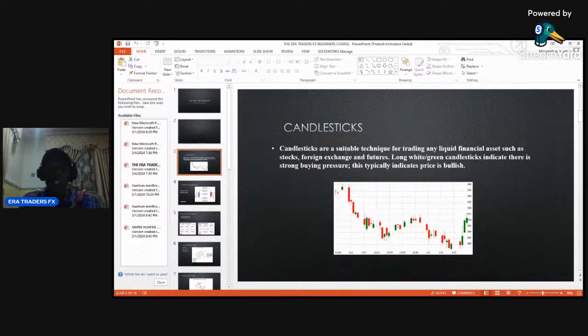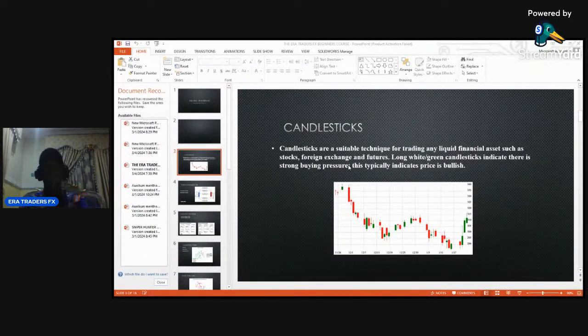You can read the chart using your line, you can also use your bar, and then the candlestick. But over 95% of traders and everybody use the candlestick because it shows more information of the market.